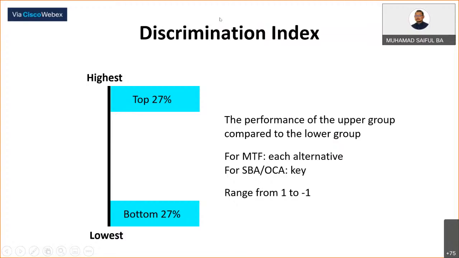Let me put the annotation. Here n is 27. I'm not using a pen, so the mouse is a bit difficult. This is the total number of students, because 27% of the students is 27. So the denominator is 27.